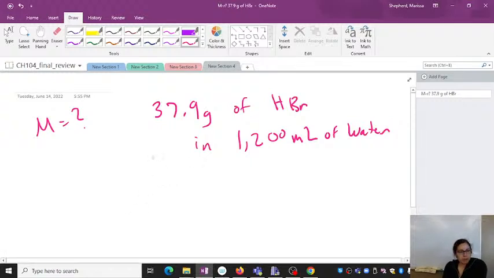So what's the formula for molarity again? Moles of salt over liters of solution. Yeah, so moles over liters. And so then what's my problem with the 37.9 grams?